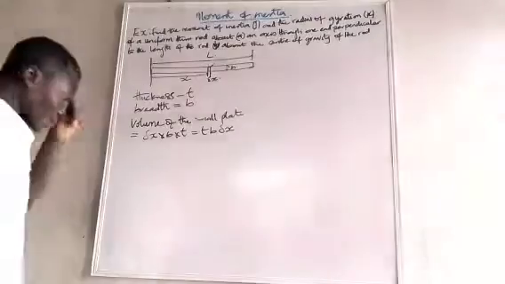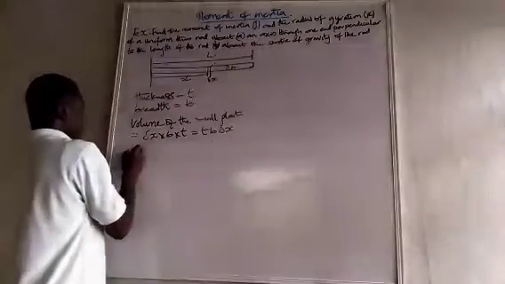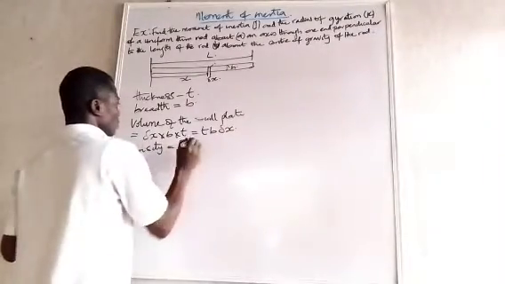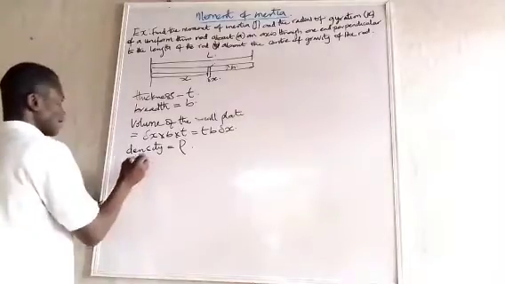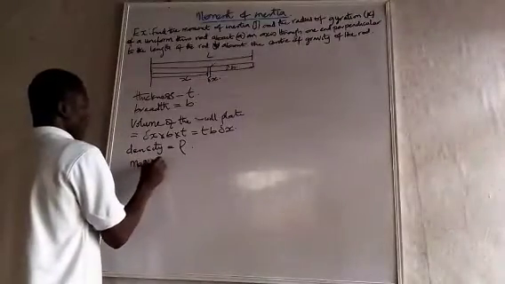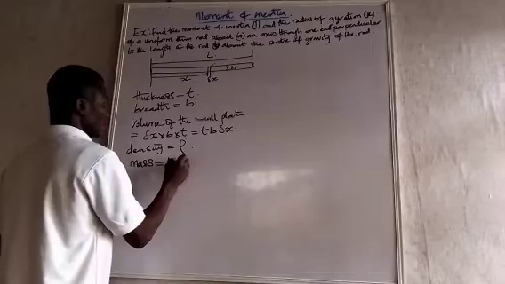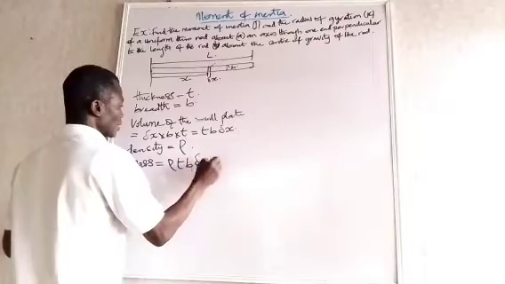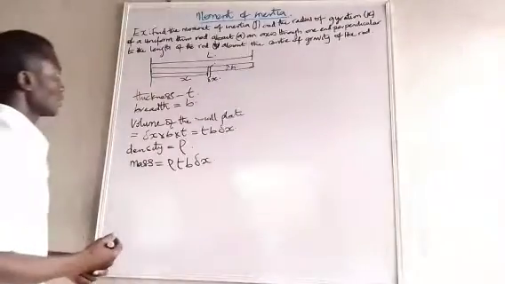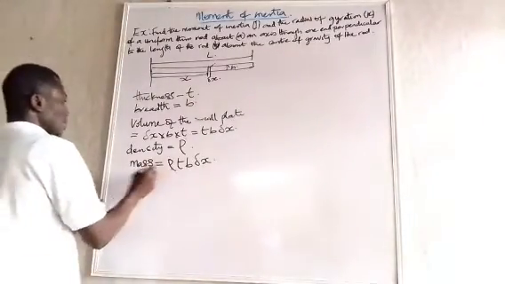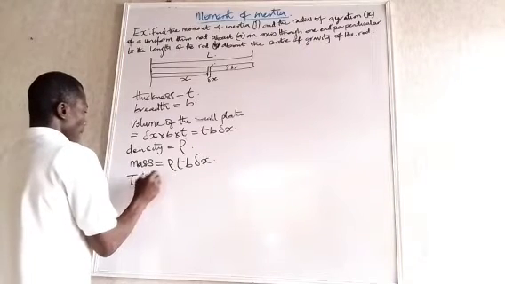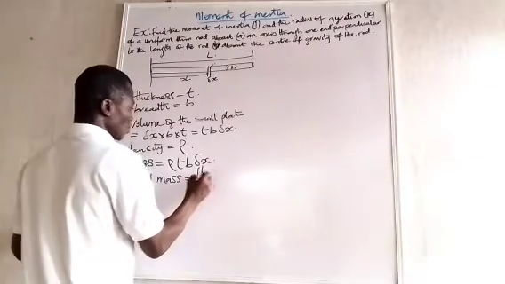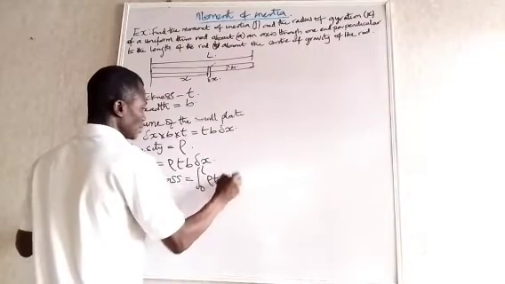Now let's take the density to be rho. Density is equal to rho. So we can now say our mass is going to be rho bt delta x. Simple, straight. So total mass will be equal to integral from 0 to L of rho bt dx.